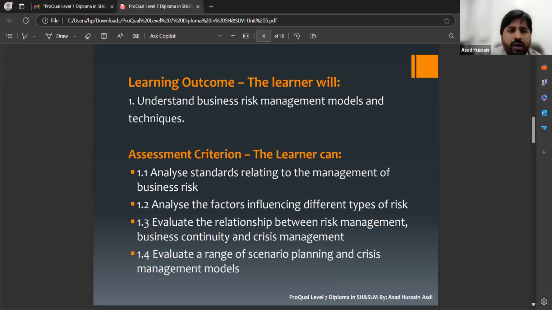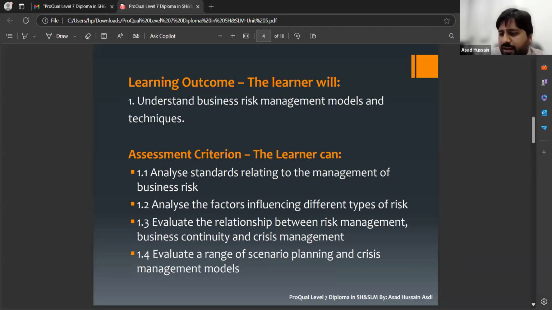It is 1.1, analyze standards relating to the management of business risk. Here, you have to look at the standards relating to business risk management.